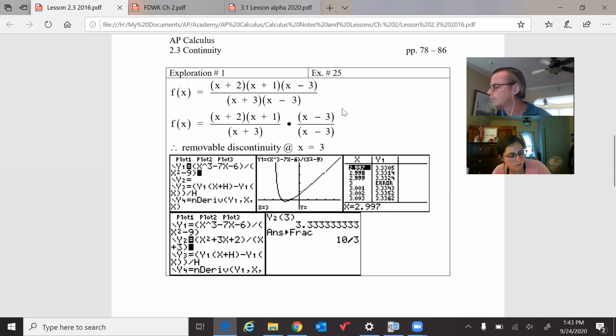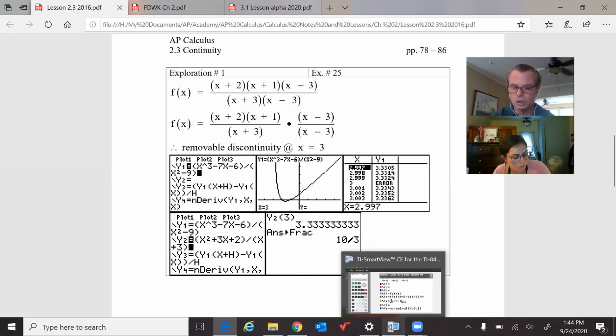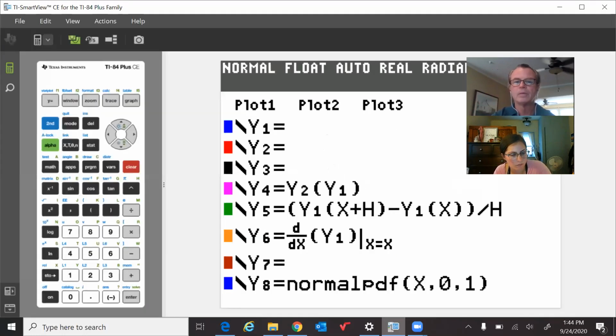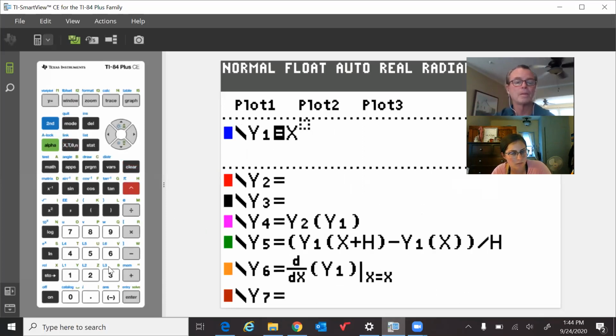That's step one. So now, how about the numerator? Well, how do I factor a cubic? We're going to do this problem with and without a calculator. So with a calculator, I'm going to put just the numerator in y1: x cubed subtract 7x subtract 6.